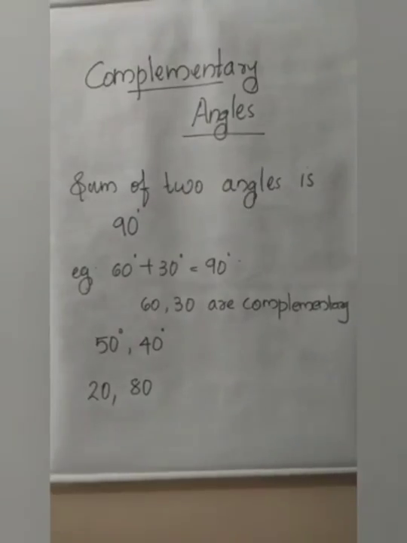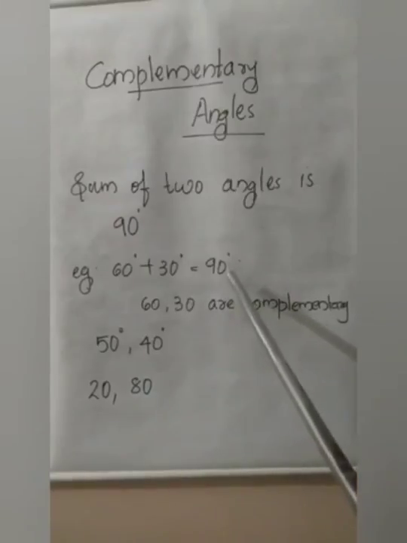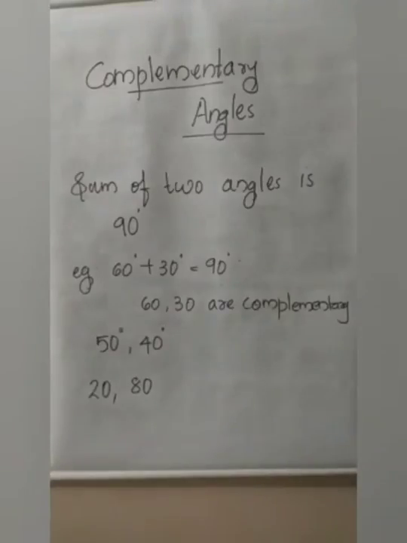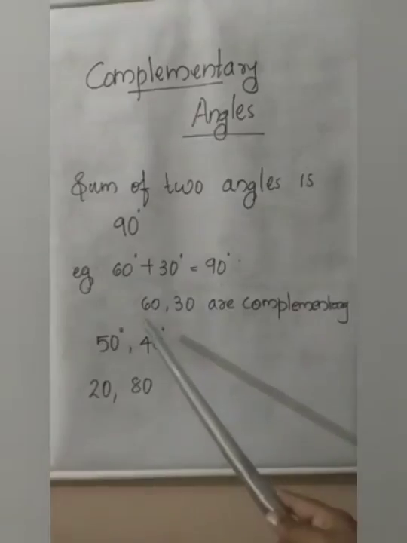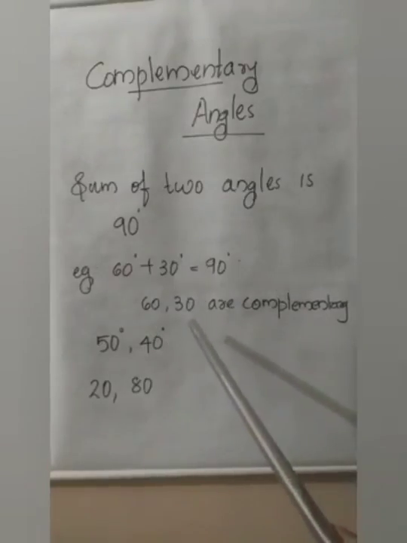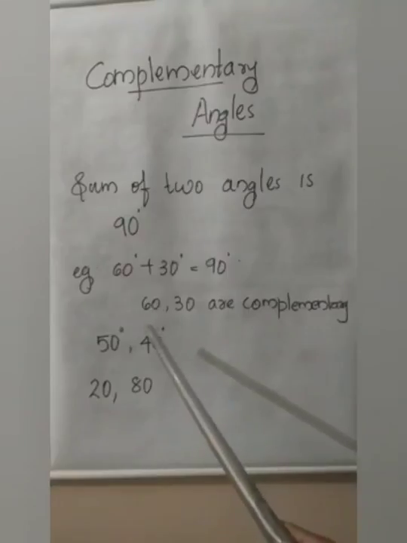When we add 60 degree and 30 degree, what do we get? 60 plus 30 is 90 degree. So we can say 60 and 30 are complementary angles. Now in other words, we can say 60 is the complement of 30 or 30 is the complement of 60.